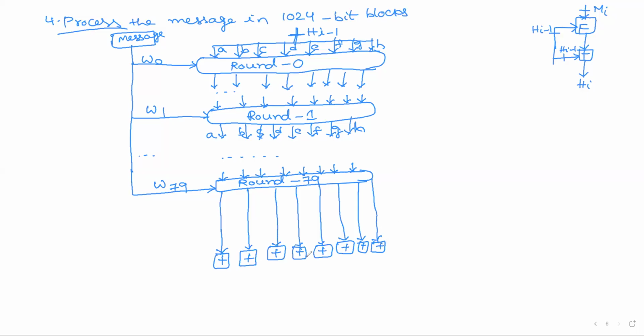For this addition operation, not only the output of round 80, we need one more input, that is the hash code of the previous block. Please observe how I am taking that.